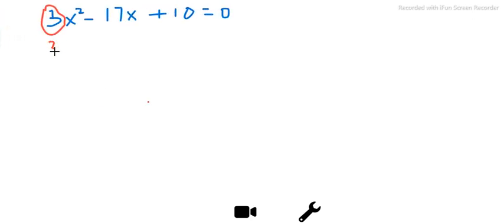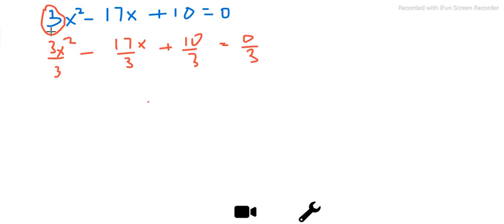So we have 3x squared divided by 3, minus 17x divided by 3, plus 10 divided by 3, equals 0 divided by 3.